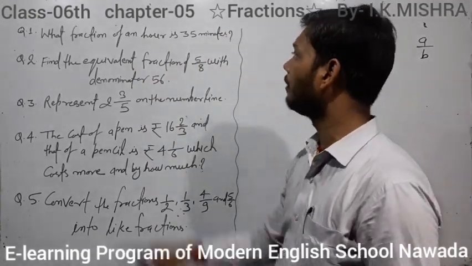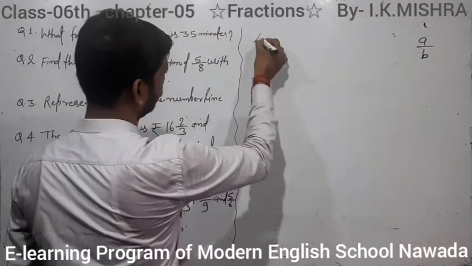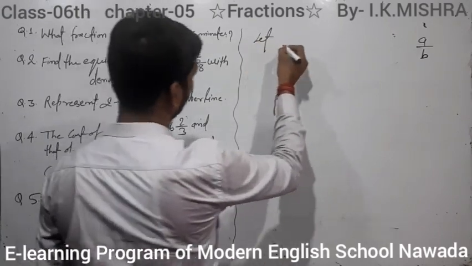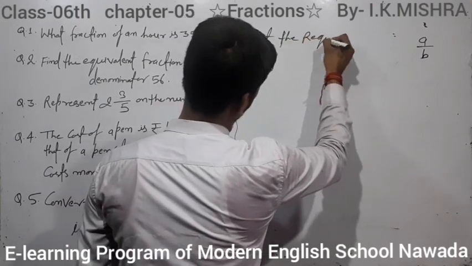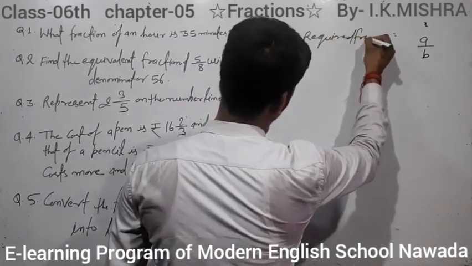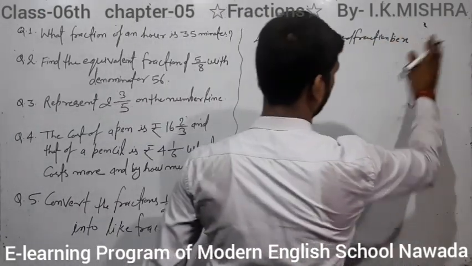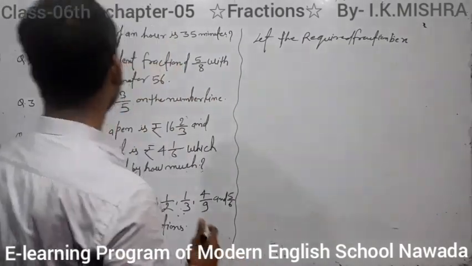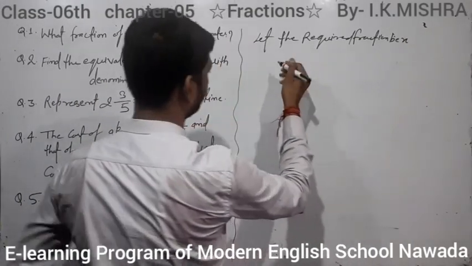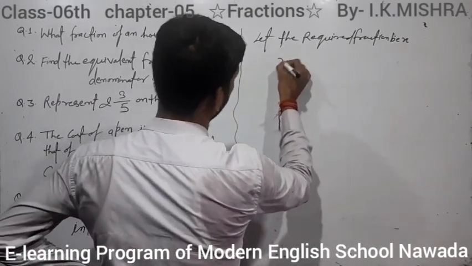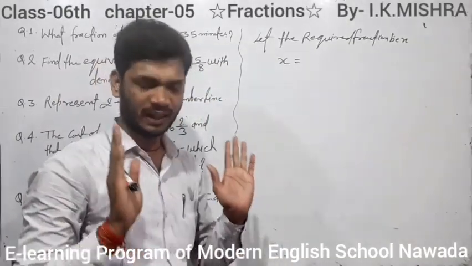What fraction of an hour is 35 minutes? Let the required fraction be x. So x equals, you know, in 1 hour there are 60 minutes.